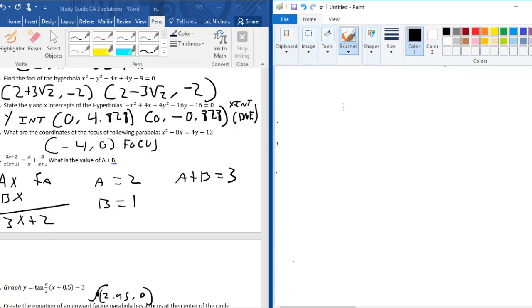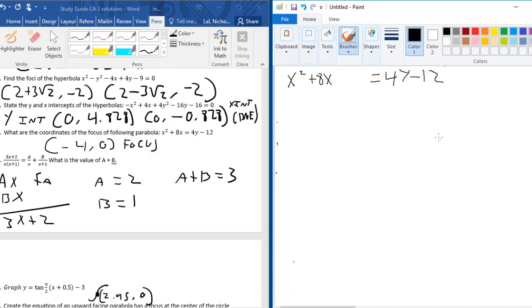Okay, so for problem 18, we need to find the coordinates of the focus of the following parabola. This parabola is in the form x squared plus 8x equals 4y minus 12.